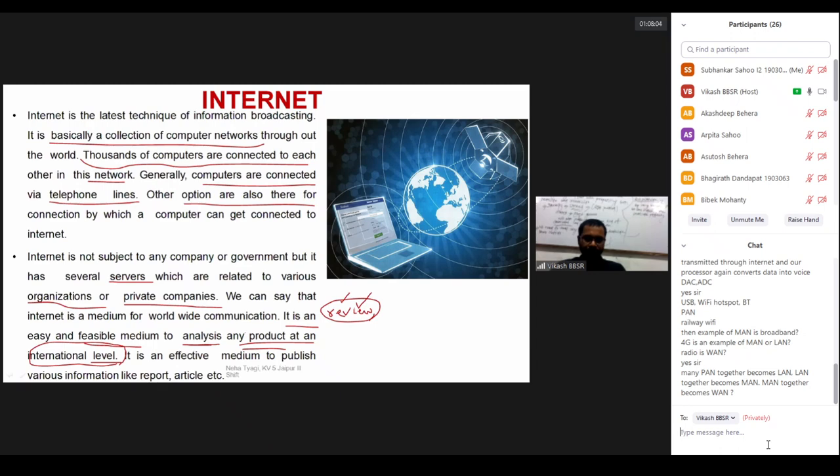So this is the importance and use of internet. You can collect much information about the internet also. If you can write any new things, you can write them also.